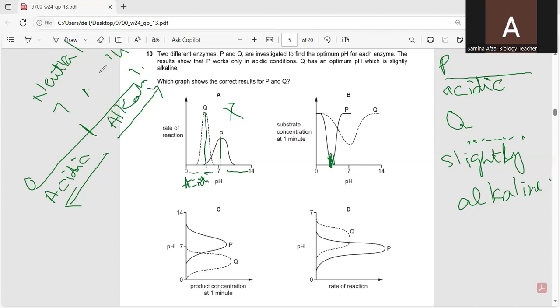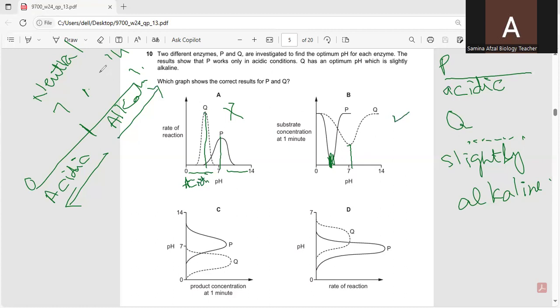On the other hand, for Q you can see it is slightly alkaline, between 8 and 14. So the substrate concentration is decreasing in slightly alkaline conditions. So it is the correct graph. It shows the correct answer.